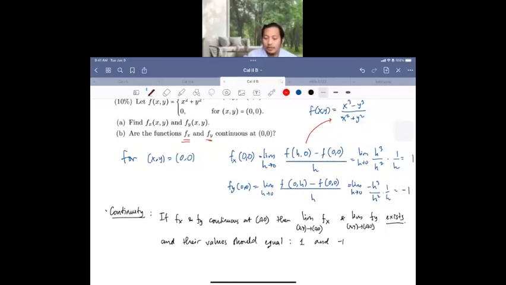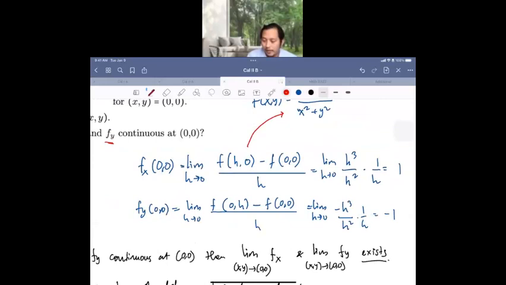So we need to make sure that the values 1 and negative 1 that we have from the definition of partial x, partial y should be available in all possible paths.